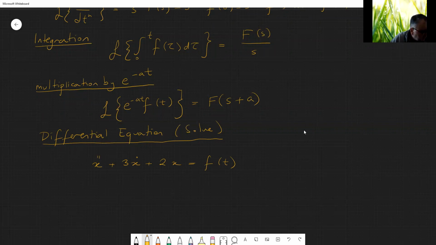We take the Laplace transform of this. If you do this, you are going to get the following.